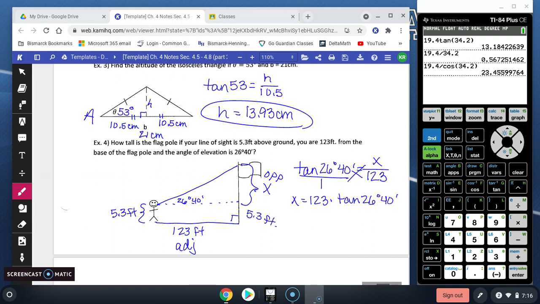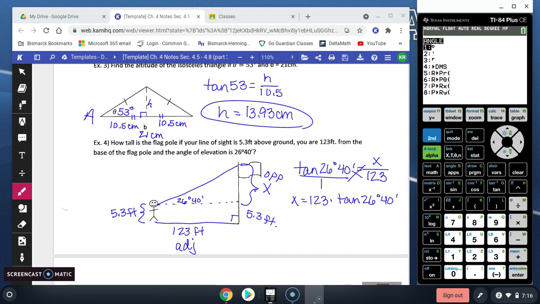Okay, the minutes, let me see if I remember where to find it real quick. I think it's under math. Nope, I was wrong. Let's see. Okay, it is under second apps.